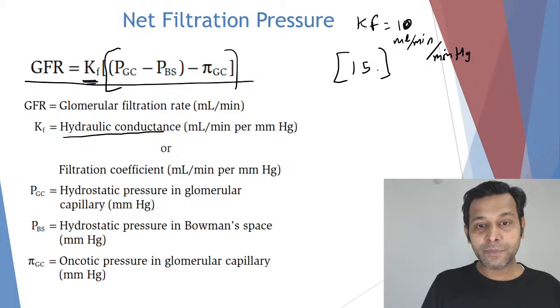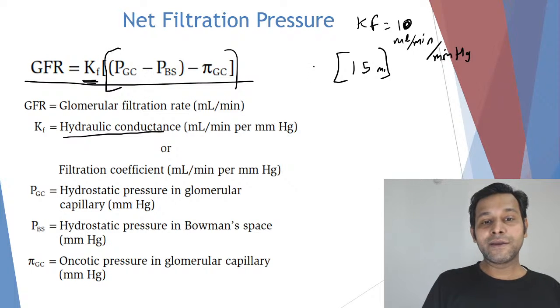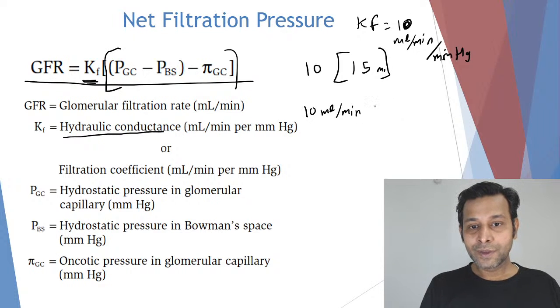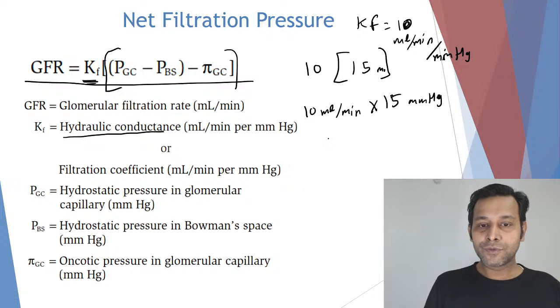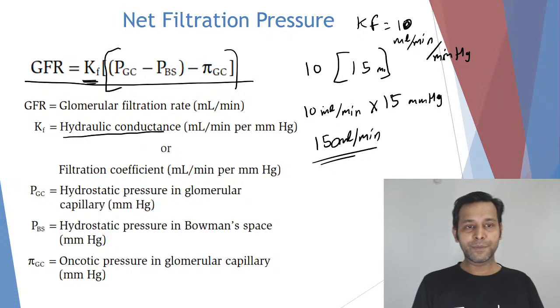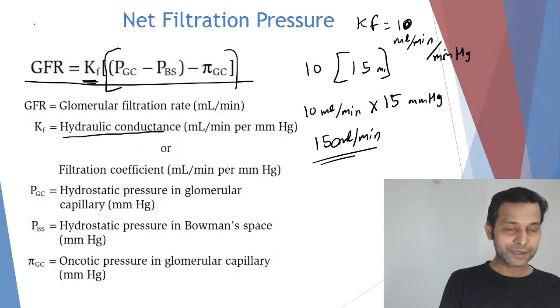So we have 15 mm of Hg as the net filtration pressure, and 10 ml is the filtrate per minute. So 10 ml per minute into 15 mm of Hg. So you get the GFR as 150 ml per minute. Very simple, 150 ml per minute. I'll give you one more simple understanding here.